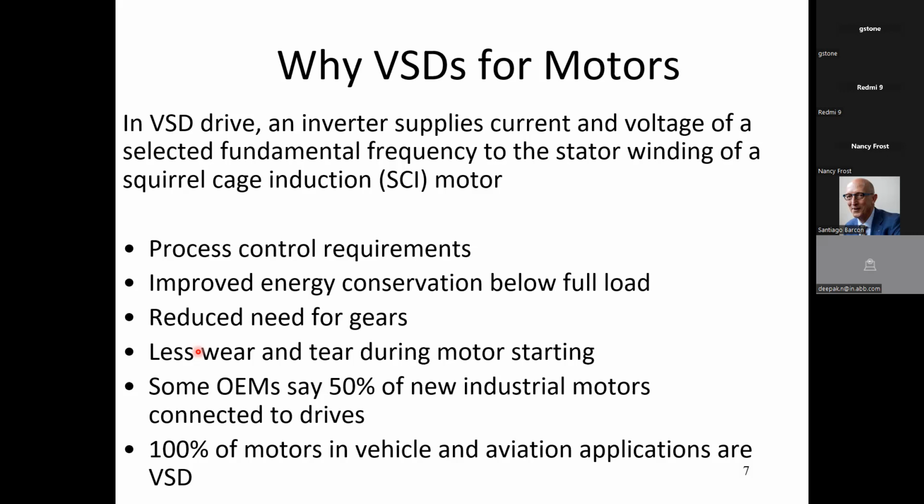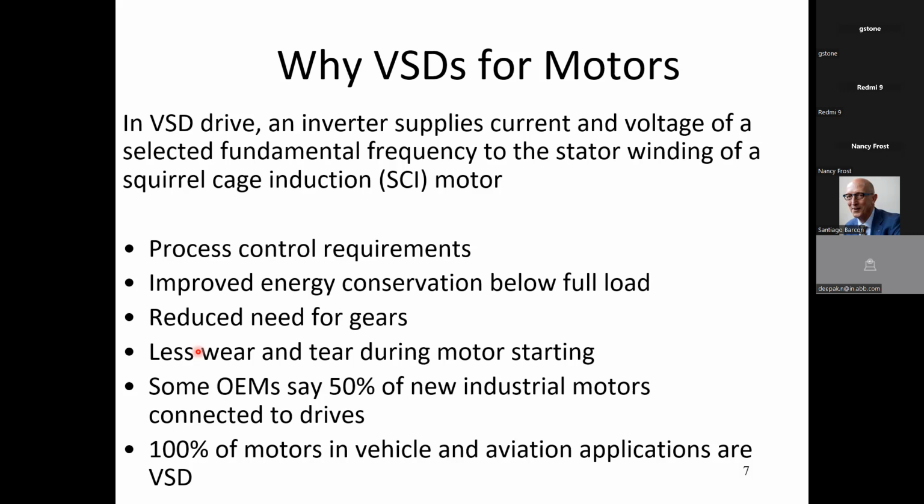Also, in many motors where you have very slow speed processes, quite often you have reducing gears, and sometimes you have increasing speed gears. Well, there's a much less need for gears, and gears are mechanical, and we all know mechanical things are less reliable than electronic or electrical things, at least I believe that.